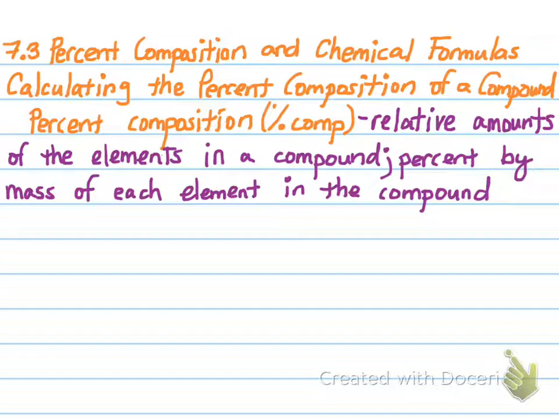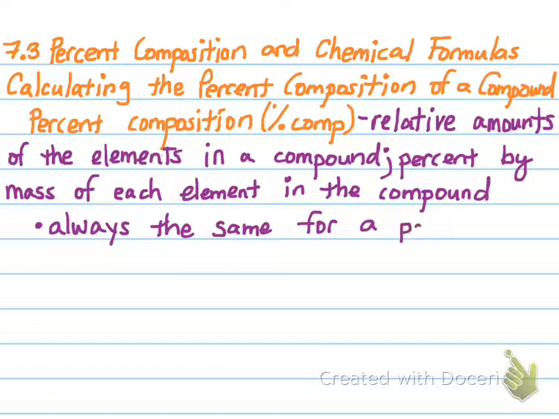And part of the reason you're learning to calculate percent composition is that the percent composition of a compound is always the same for a particular compound. What that means is if we were to calculate the percent composition of water, all water would have that same percent composition. So percent composition is sometimes a way that scientists identify unknown compounds.